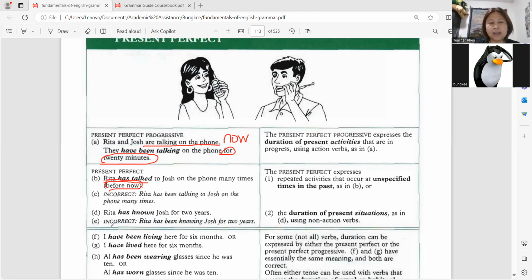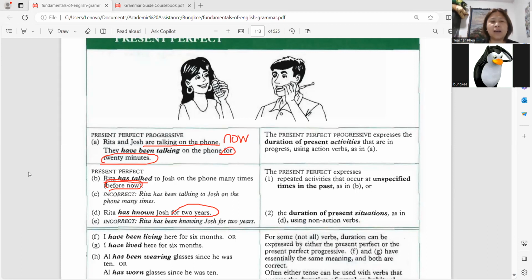Next is, Rita has known Josh for 2 years. This is the duration of a present situation. Although it's present, it happened in the past and is still continuing in the present.